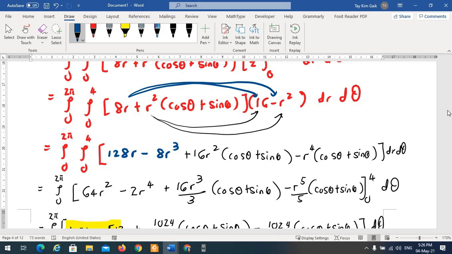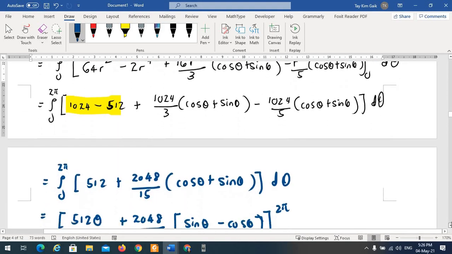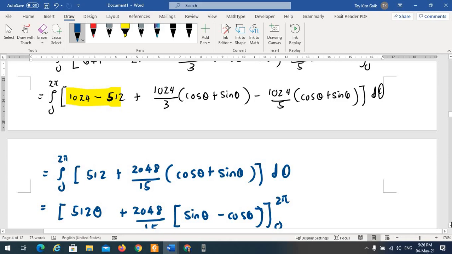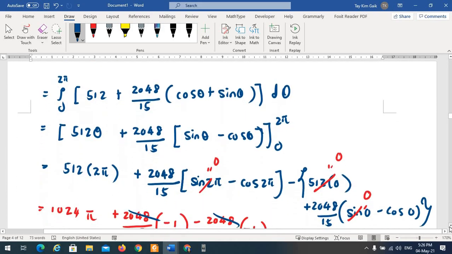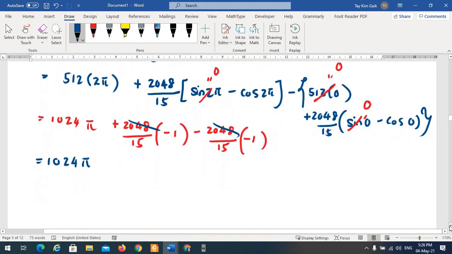So integrate with respect to r, and then plug in the limit of r. Simplify. Lastly, integrate with respect to theta. Okay, plug in the limit of theta, and you obtain the answer, which is 1024 pi.